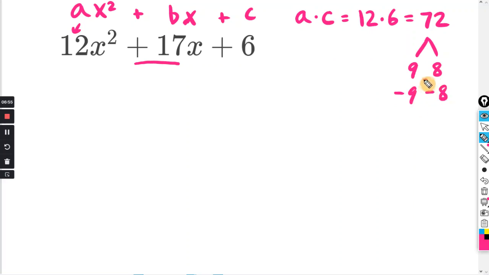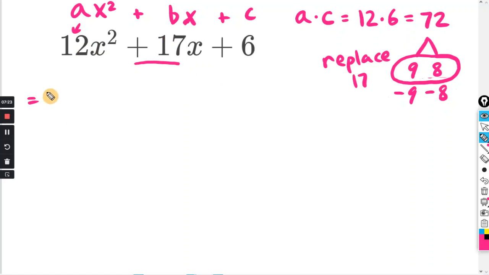These two can replace, oops, I'm sorry, wrong one. We're looking to replace positive 17, so we want positive 9 and positive 8. Okay, so these two terms are going to replace 17. They're going to replace the B term.